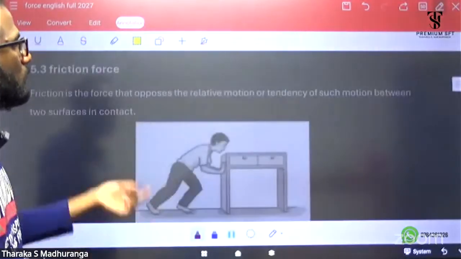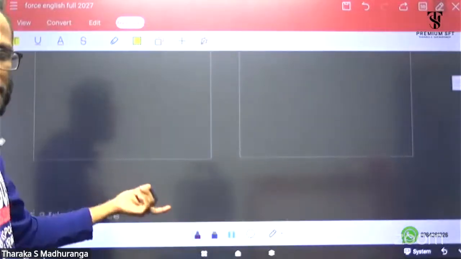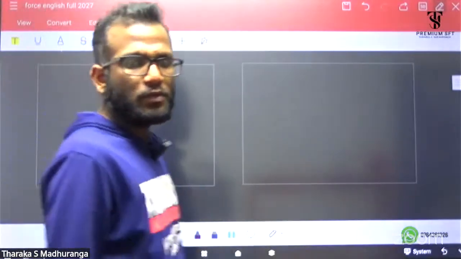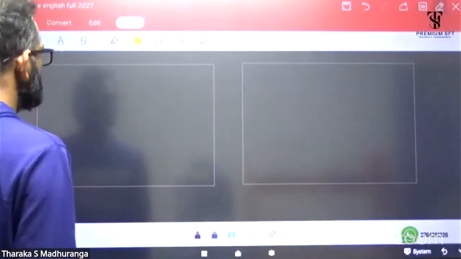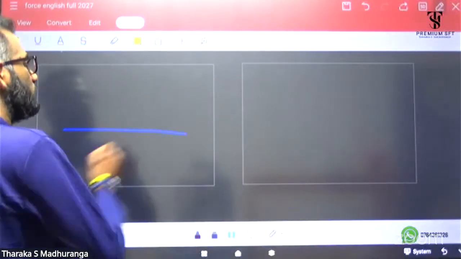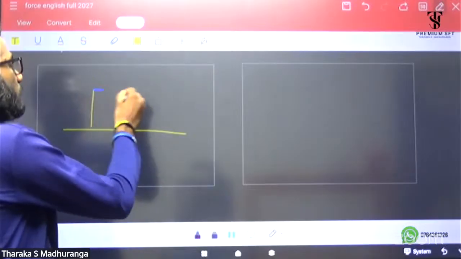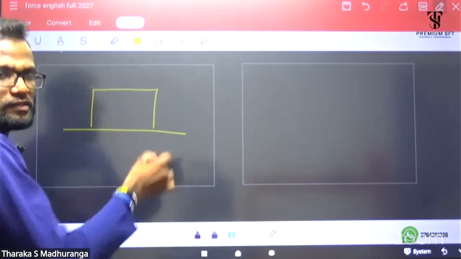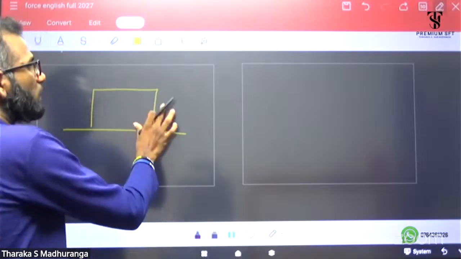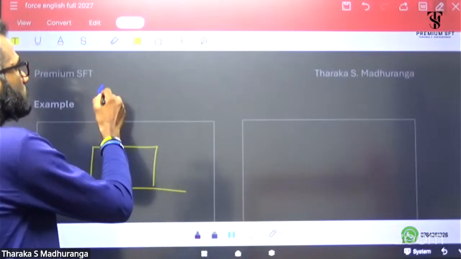Okay, if you take another example, the weight and what we call auto adjustable forces.